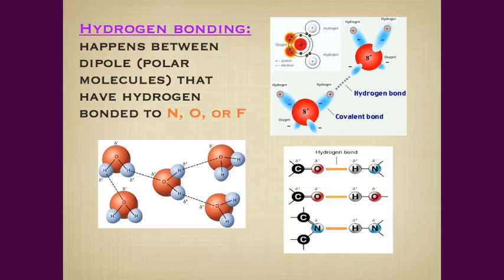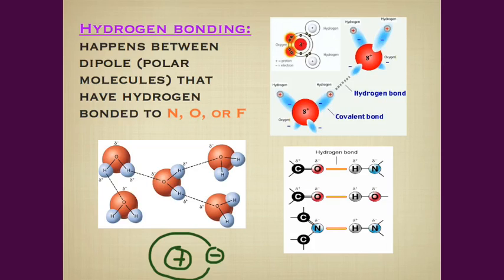Now, water and other molecules that have hydrogen involved in a polar bond can have a particularly strong dipole-dipole interaction. This happens because hydrogen is special in that the hydrogen atom, you recall, is just one proton with one electron going around the outside of it.